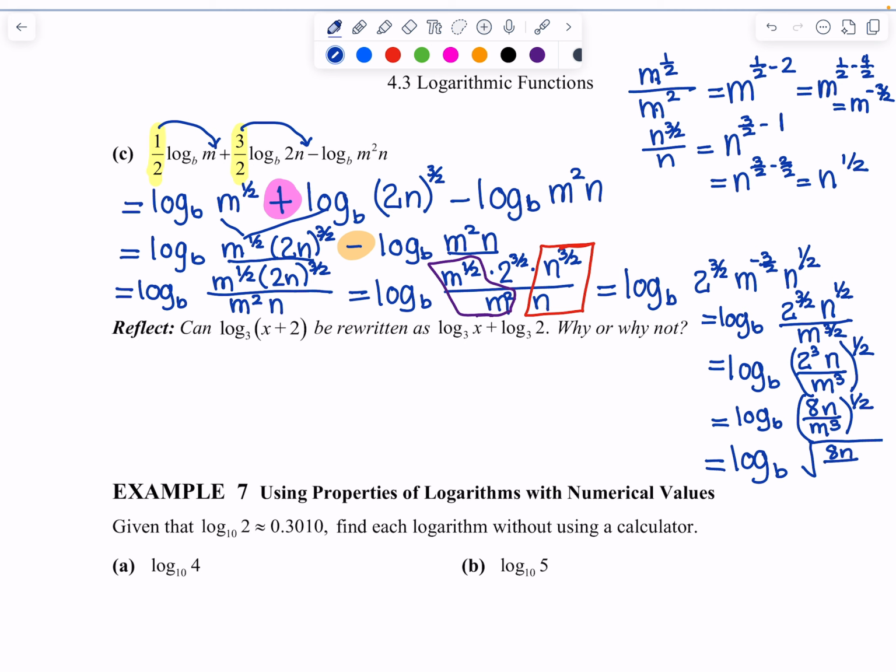Log base b of the square root of 8n over m cubed. This is our answer. I know it's like, gosh, we went through everything. But guess what? You have to remember laws of exponents. That comes back now. So I'm finished with this. I'm going to start back over with the last two.